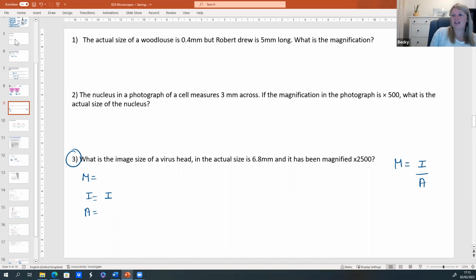If the actual size is 6.8 millimeters, so I know that, and it's been magnified by 2,500. I'll just leave that with you a second, see if you know what to do in that rearranging. If you do, tell me what calculation you do to work that out.